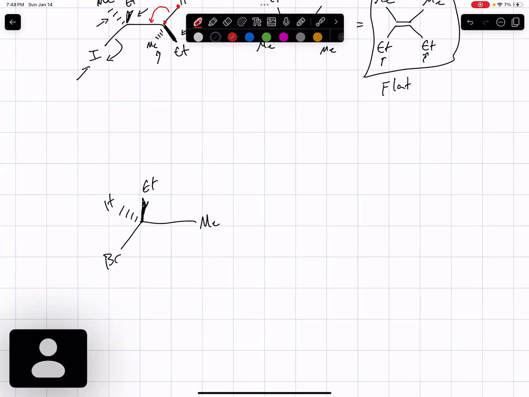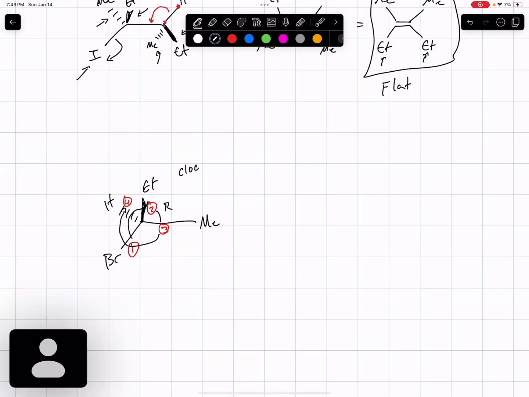We assign priority based on the highest molecular weight. So this is 1, this would be 2, this would be 3, and this would be 4. So we know that it is R, because we're going 1, 2, 3, and then 4. This is clockwise. This is R.